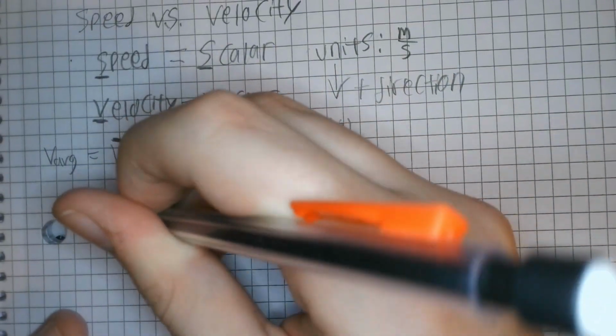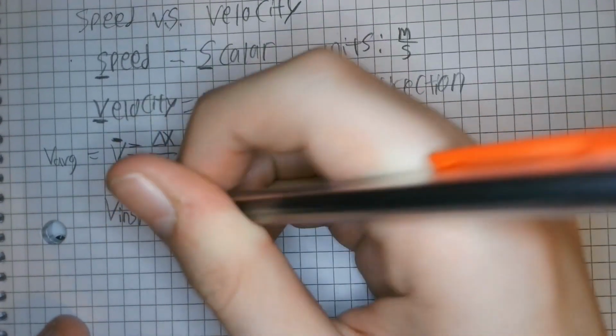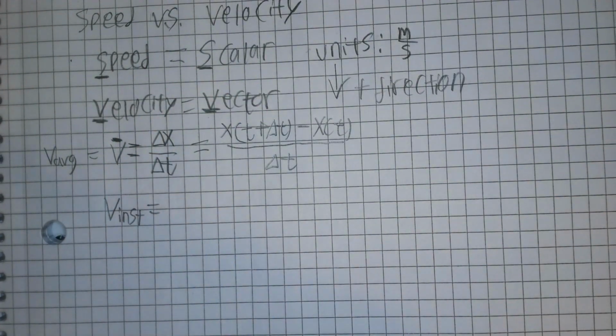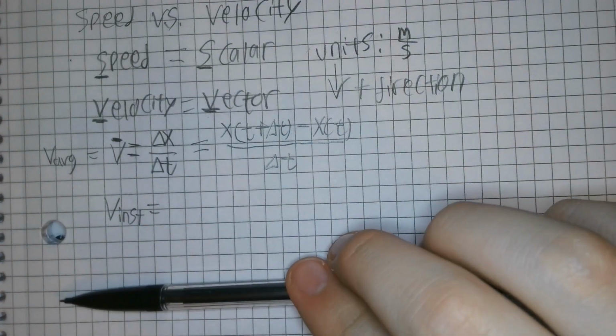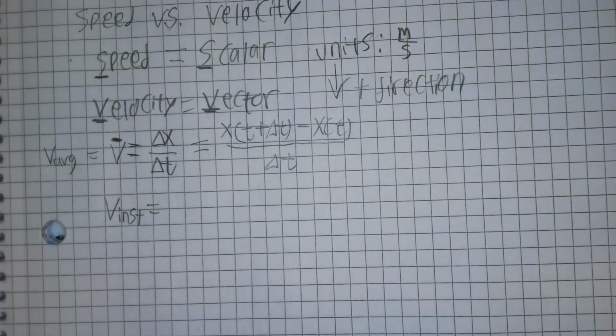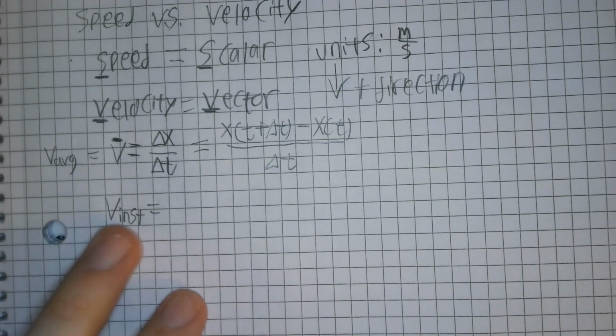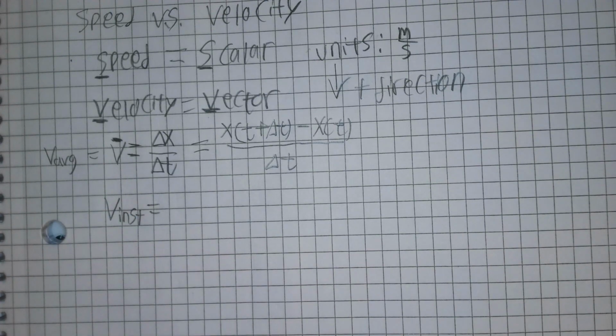Well, if we want to calculate instantaneous velocity, so this is the velocity at a given moment in time. For example, if I roll my pencil and I want to know what it is exactly 0.1 seconds after I roll it, we will end up using this formula.